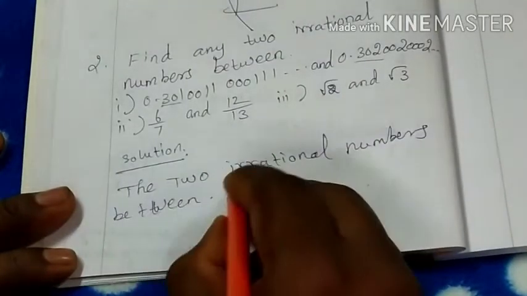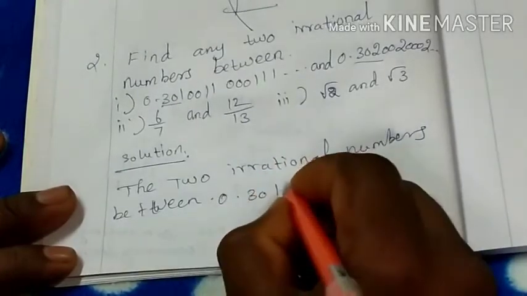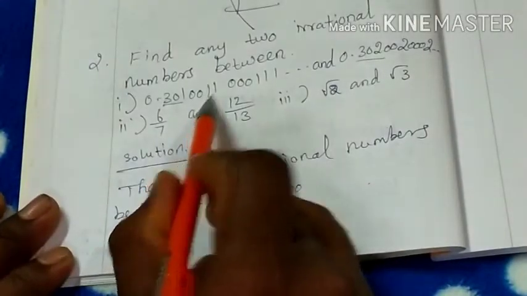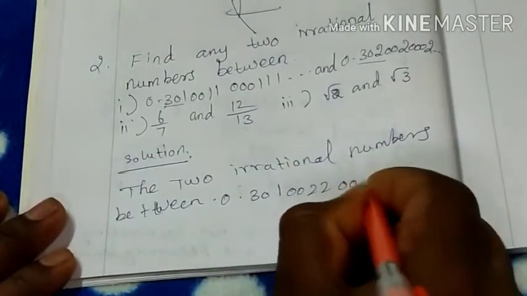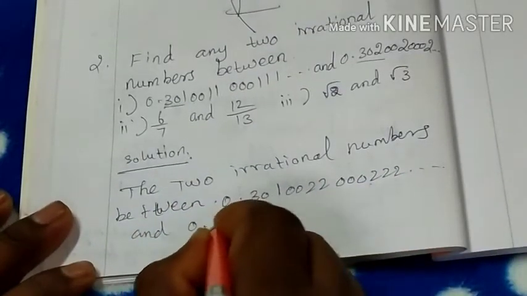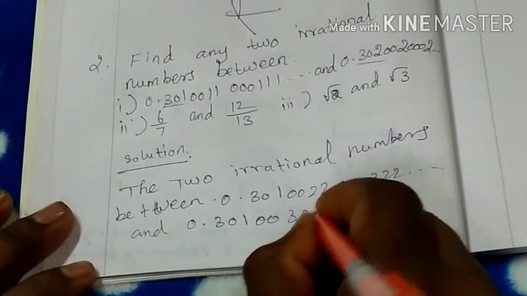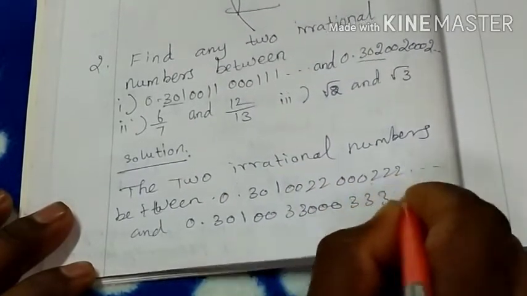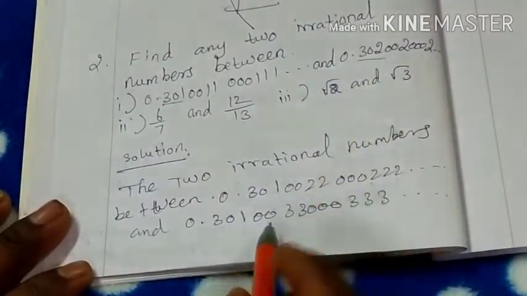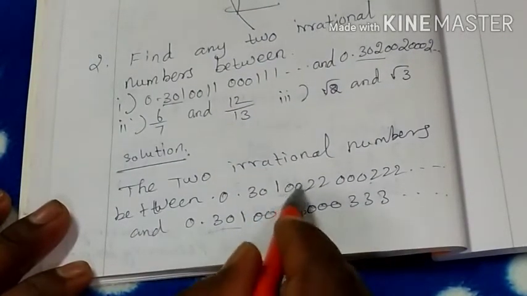Start with 0.301 and write 2, 2, 2 and so on, and then 0.3101 and so on, where you write 3, 3, 000, 3, 3, 3 and so on. These lie between them, also with 3 not 2, because we first wrote 301 only. So this is your answer.